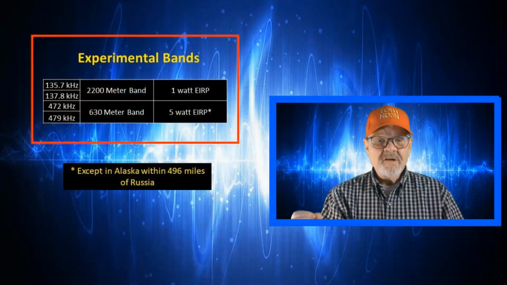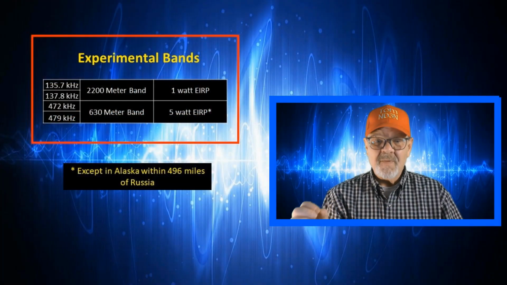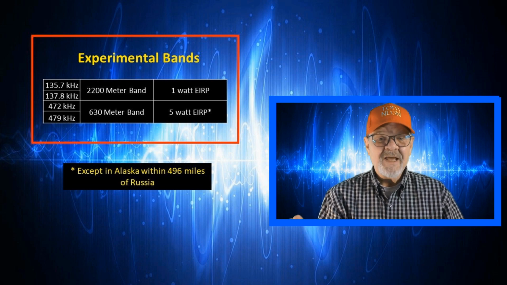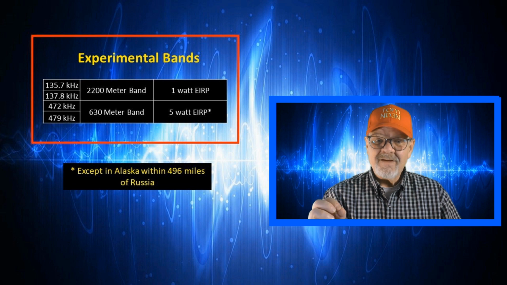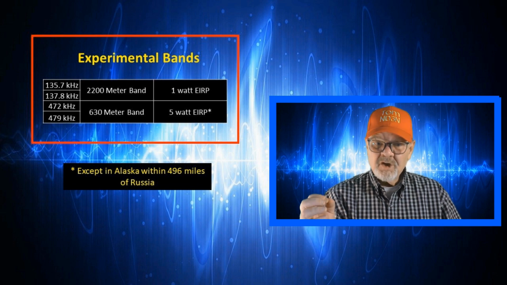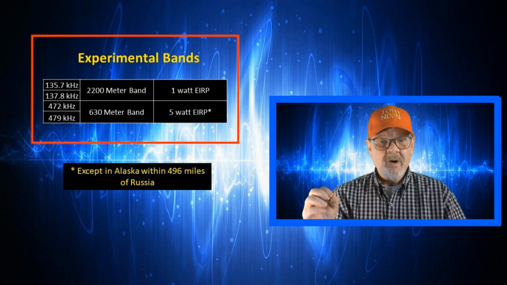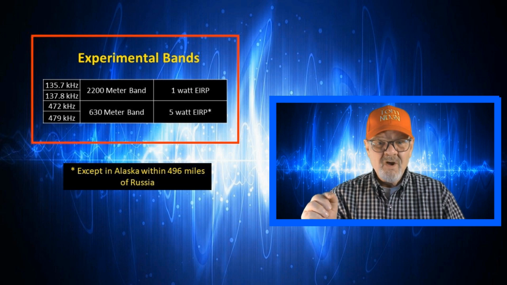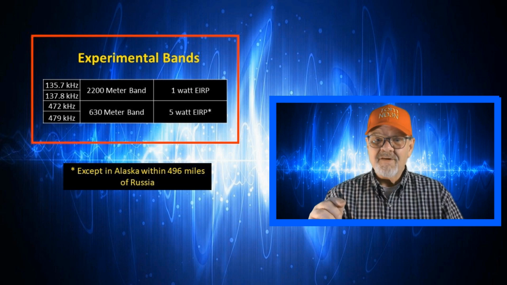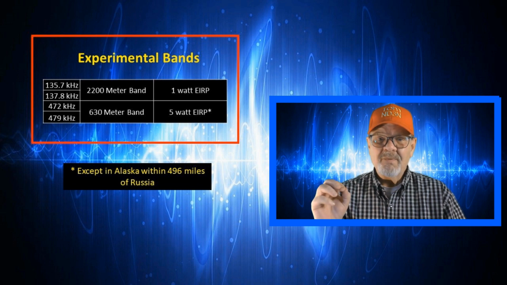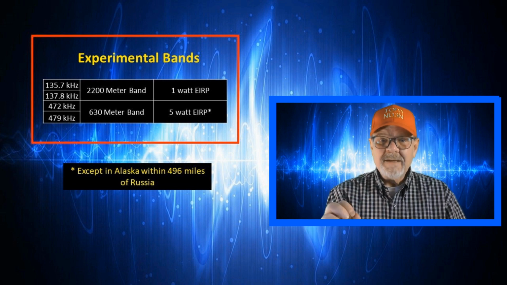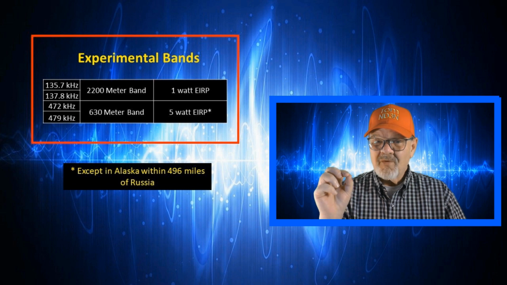We're going to start with the two experimental bands that are not supported by commercially available ham radios, the 2200 and the 630 meter band. The 2200 meter band runs from 135.7 to 137.8 kilohertz, and it has a power output limit of 1 watt equivalent isotropic radiated power, or EIRP.